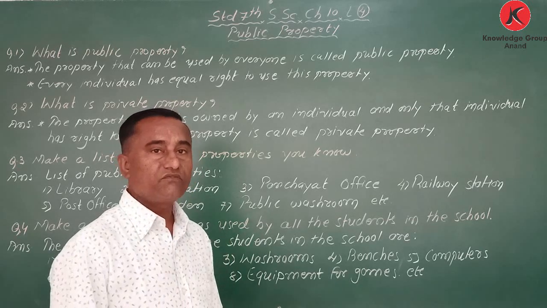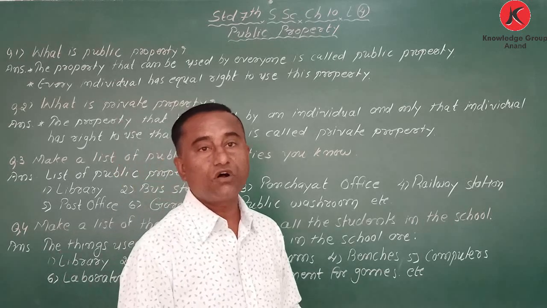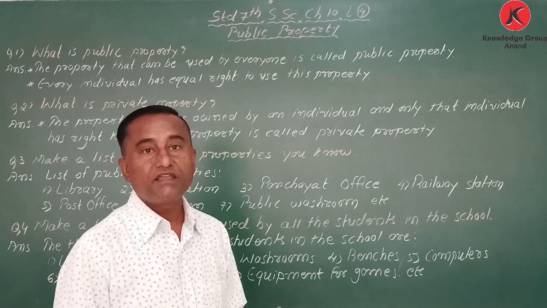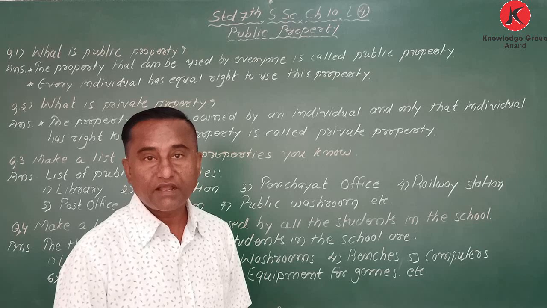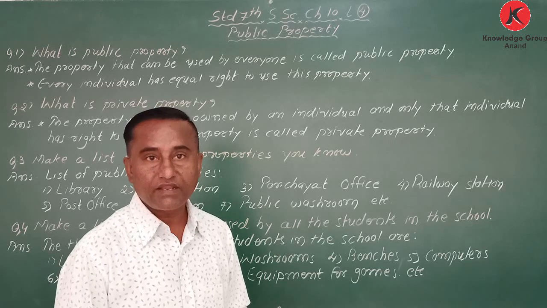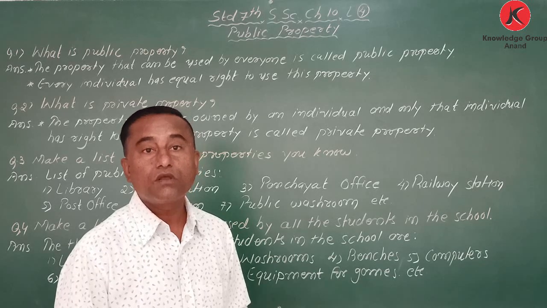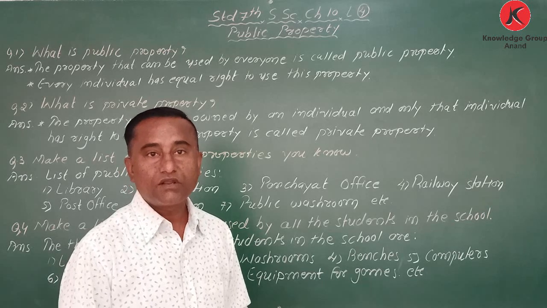My dear student, last year when I explained the functions of the municipality and municipal corporation, I said it is their duty to provide playgrounds and gardens. For entertainment they provide gardens, and they also provide playgrounds in order to play.